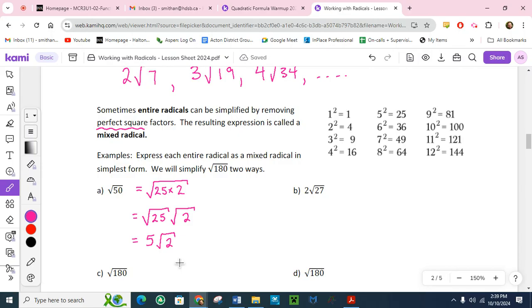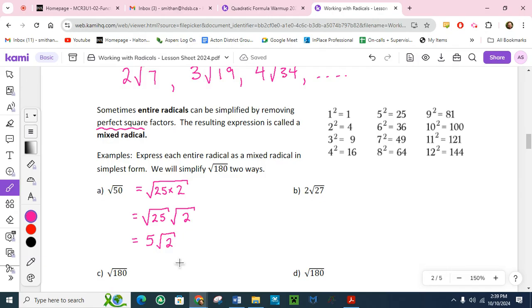Can you guys humor me? On your calculators, what's the root of 50? 7.07, something. Okay.